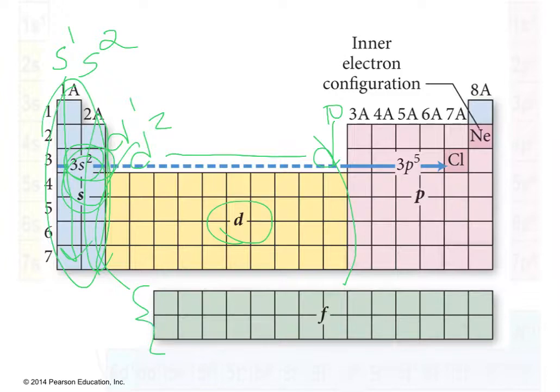And the inner transition metals, or lanthanides and actinides, are the f block, because all of the elements down here have electron configurations that end with an f sublevel. And to the far right, the nonmetals are referred to as the p block. So again, p1, p2, 3, 4, 5, and p6.